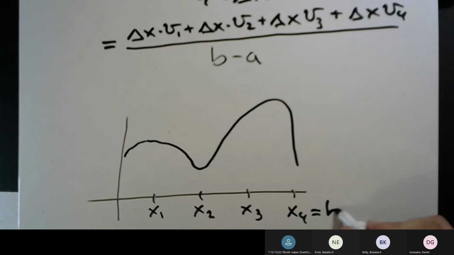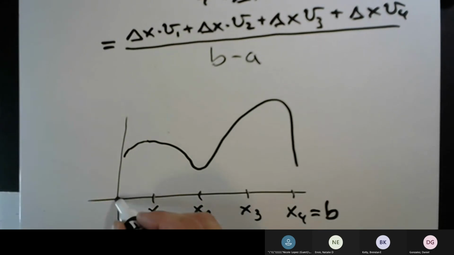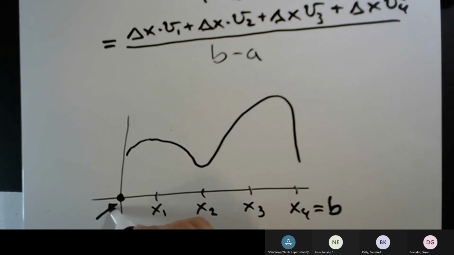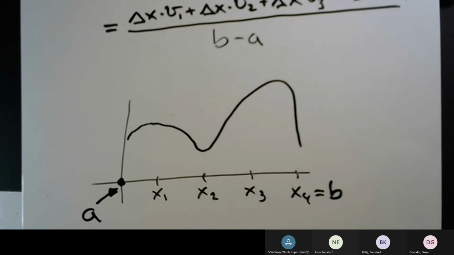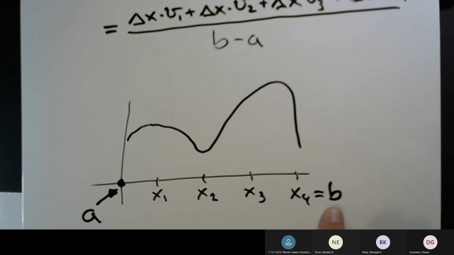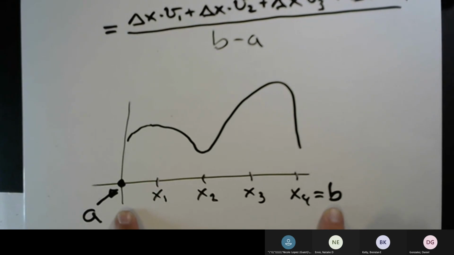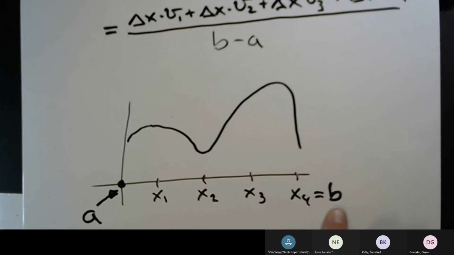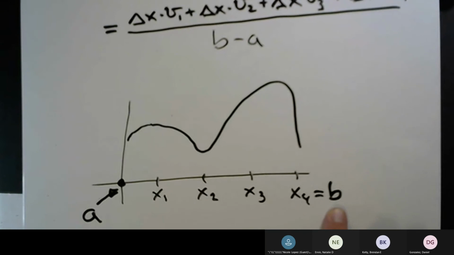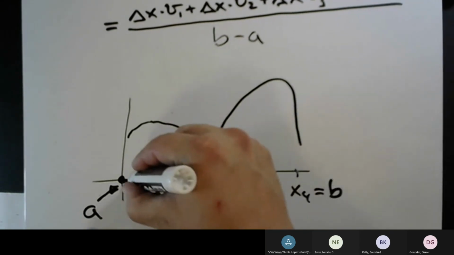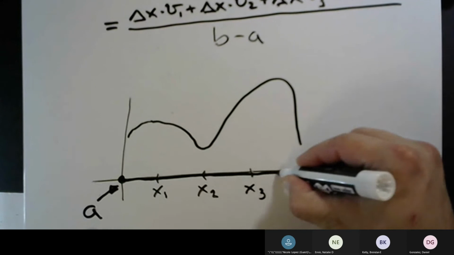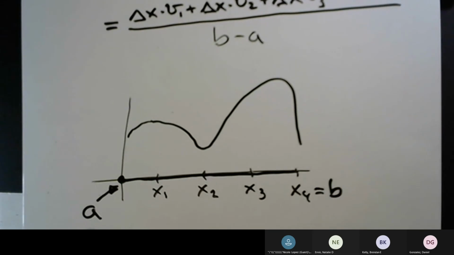Call x4 b, and then here at the end of the interval, that's going to be a. So you can call x4 a in the beginning of this. I'm sorry, x4 is b, the beginning. Let's call that a. And so what b minus a gives us is the length of this interval.